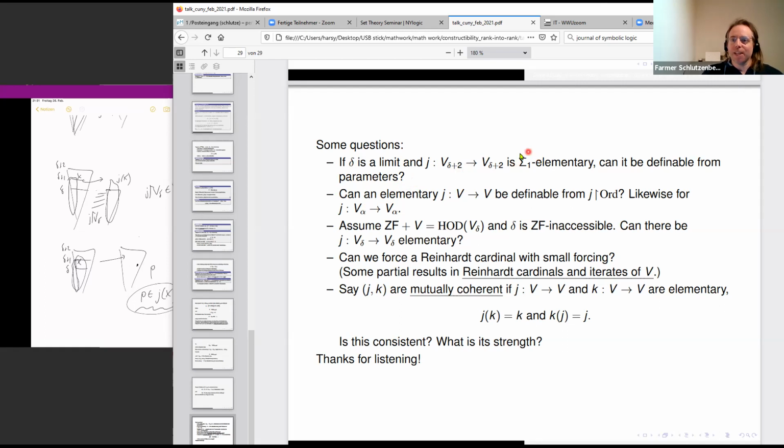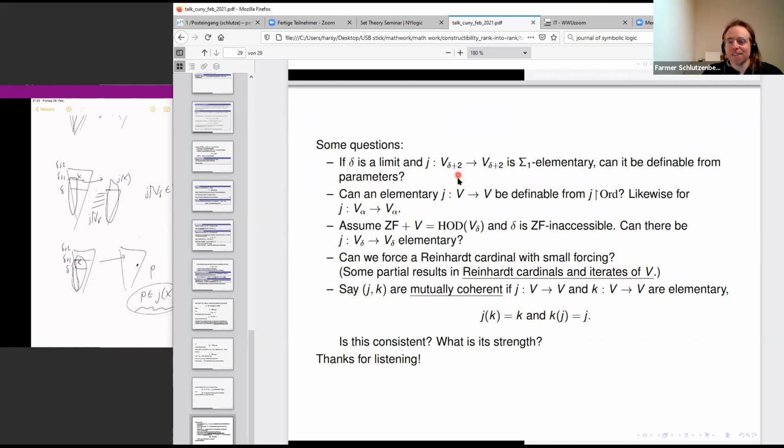You know, the method we had for limit ordinals was to first of all iterate until you get a fully elementary embedding, but that method depends heavily on the fact that at a limit V delta, there's this natural hierarchy of the sets leading up to V delta. All the rank segments give you this simple hierarchy. But in V delta plus 2, for example, there's no obvious hierarchy on the things in V delta plus 2.